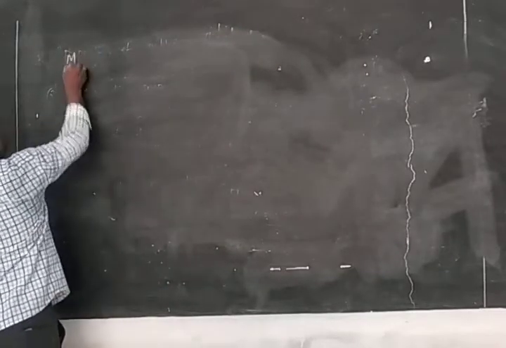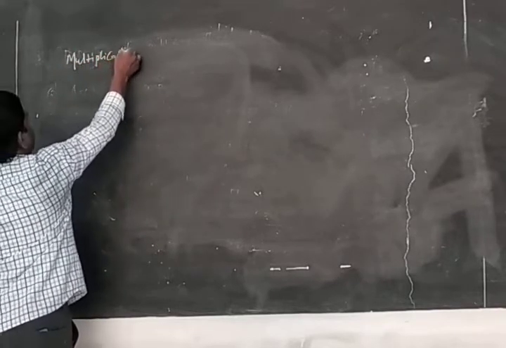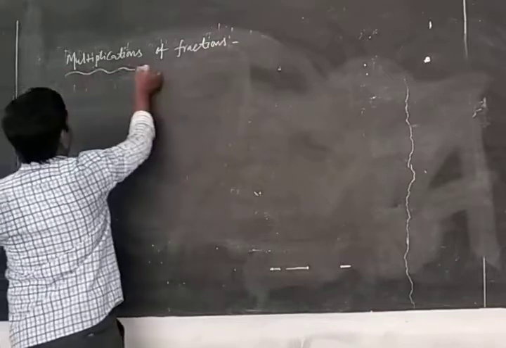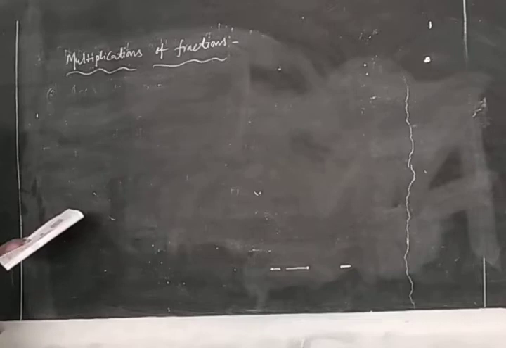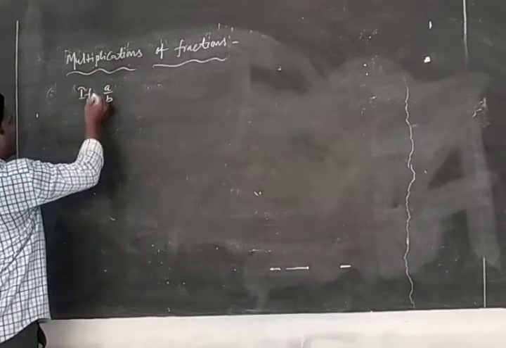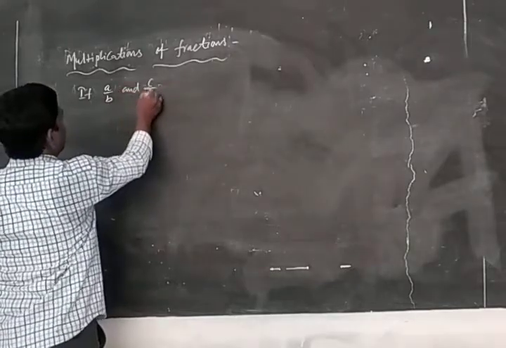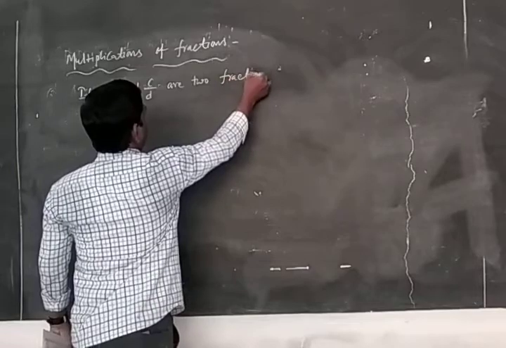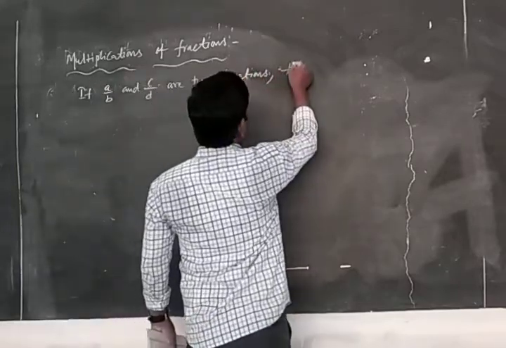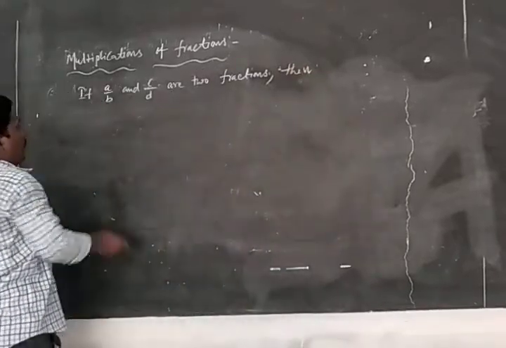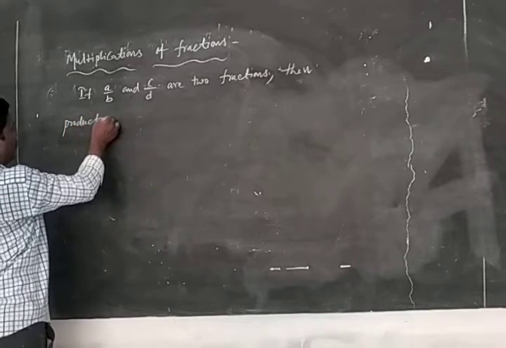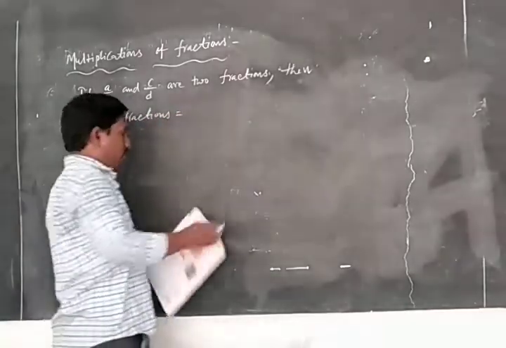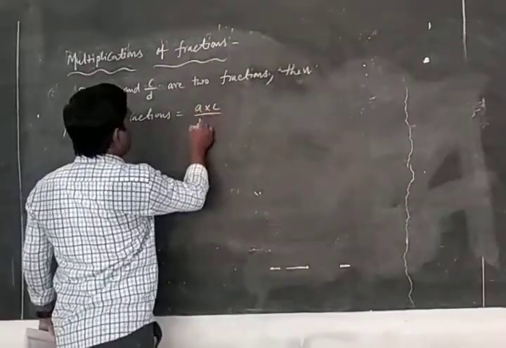Multiplication of fractions. If a/b and c/d are two fractions, then the product of the fractions equal to the product of a into c over b into d.